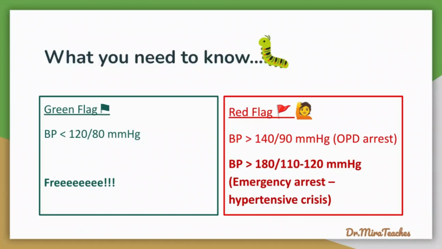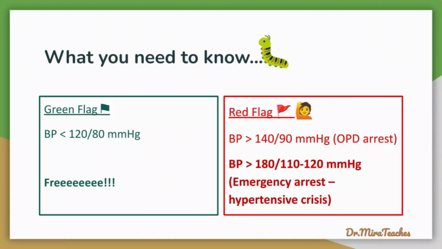But we are not done. Remember, the BP is less than 120 over 80 millimeters of mercury for a normal blood pressure. Okay, this patient is a green flag and is free to go. But you flag the patient, all right, give the patient a red flag if the BP is 140/90. Here you conduct an OPD arrest.